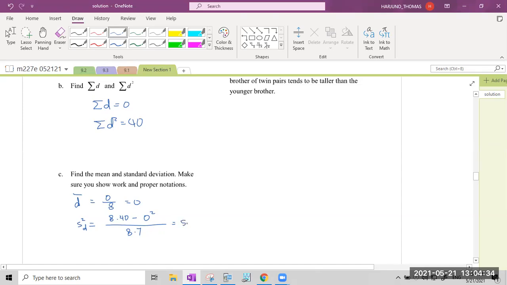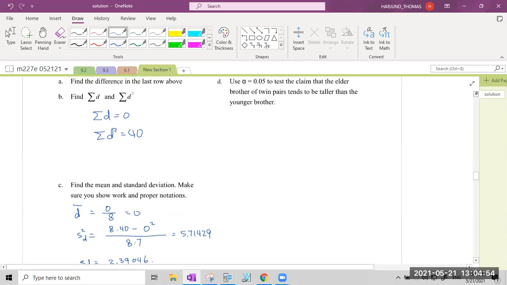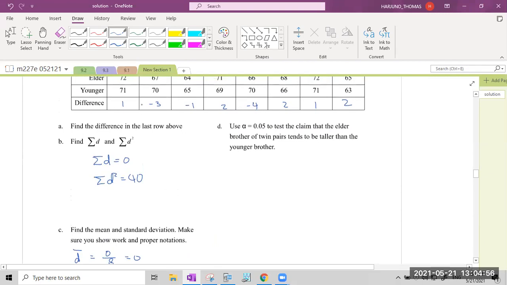That's 5.714285. So standard deviation will be the square root of that number. That's 2.39046. Wow, is it? Let me make sure I don't punch anything wrong. So -2, -3, -1, -5. Oh yeah, the sum of the data is 0.